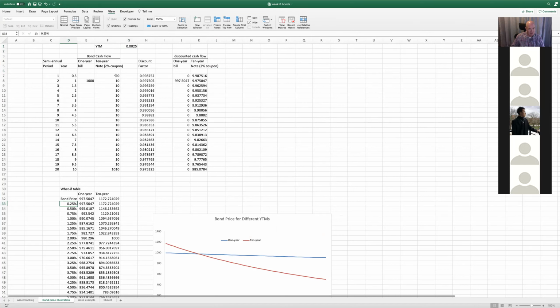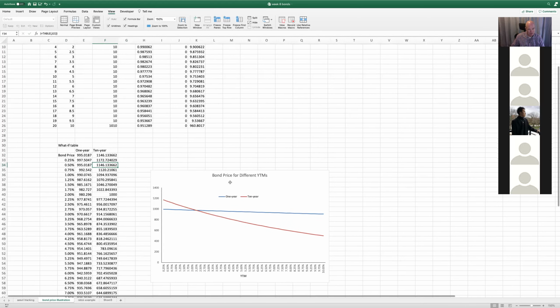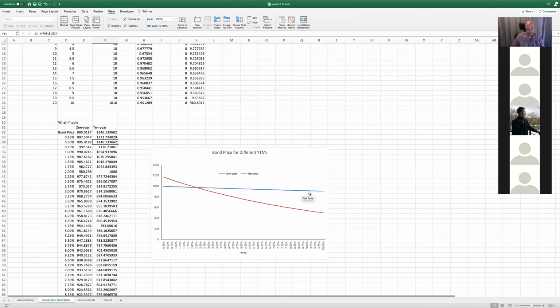As you see, change it to 0.005, you'll see that I get my bond price associated with that 0.005 yield for both my 1-year and 10-year notes. And then I graphed them here.